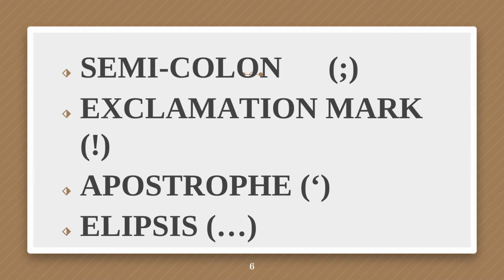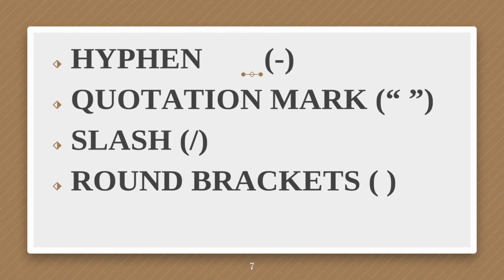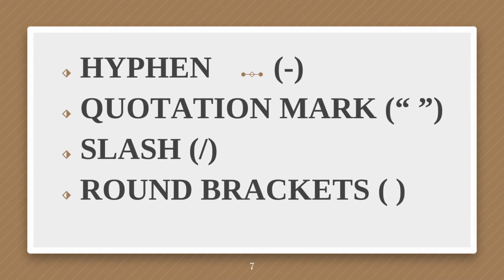Apostrophe, the sign is in front of it. Ellipses, these are three dots. Hyphen, a small dash. Quotation mark, you can see the speech marks in front of it. Slash, then round brackets. So these are 12 punctuation marks which we use in writing to clarify our meanings to the reader.